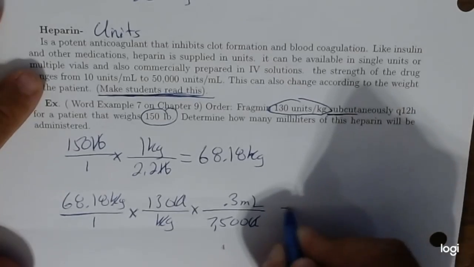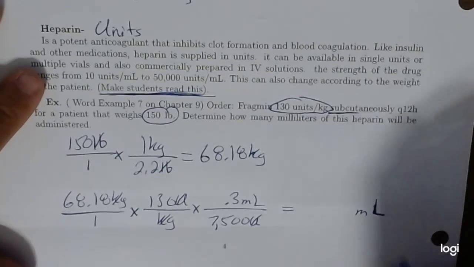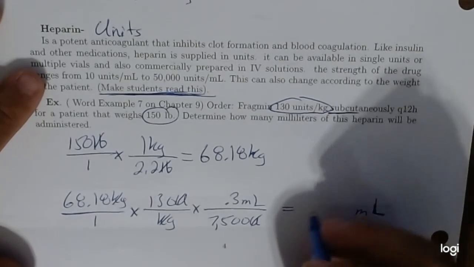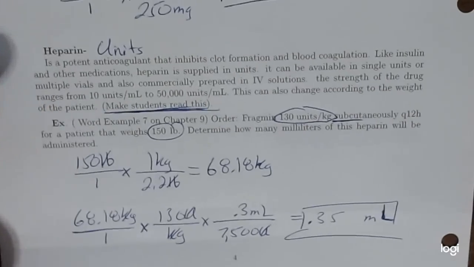So everything cancels except milliliters. And I believe after this multiplication and division, you should get 0.35 milliliters. Okay. And there we go. So it's nothing really too much.